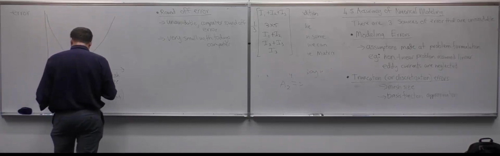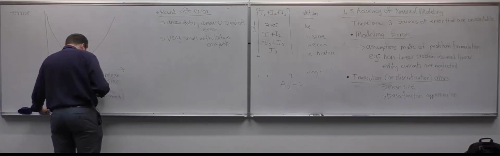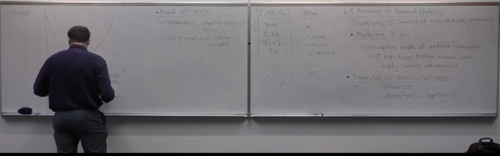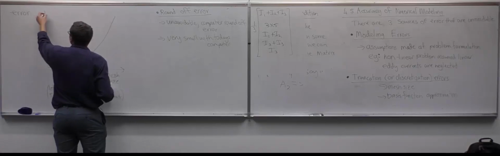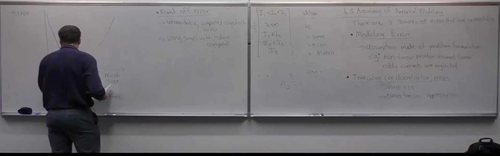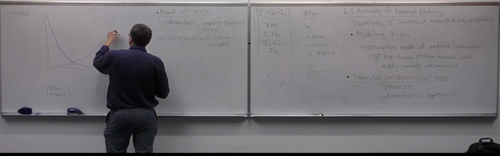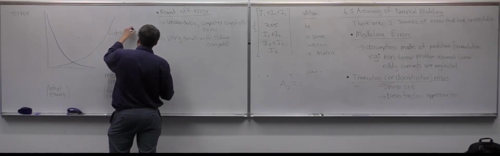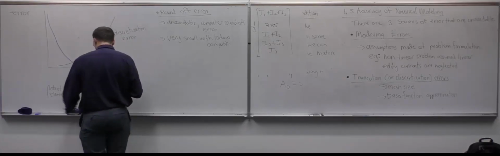And this is not to scale. So this black one here is the discretization error, and then this would be round-off error.